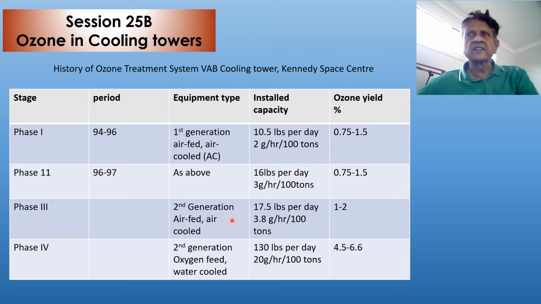And the second generation improvement gave more, and the second generation oxygen feed gave up to 20 grams an hour. So the difference between an air fed and oxygen fed, same systems, can be much different, and you get much more ozone coming out.